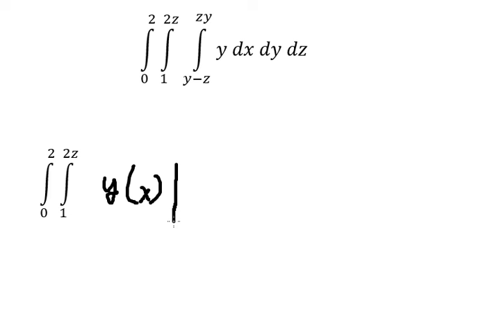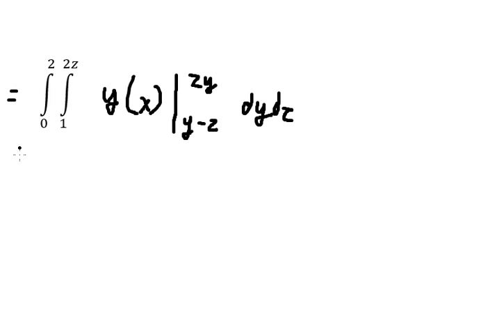So we need to put the bounds from y minus z to zy. So this one I will put in here. Y minus z I will put in here. So we have like this.